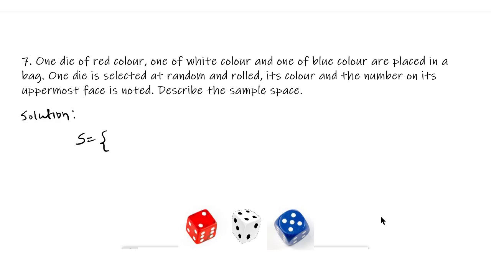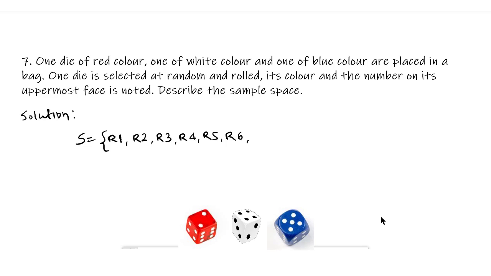When the red die is taken out at random, then on rolling any number may come. So we write like this: red die and the number on the upper face is 1, red die and the number on the upper face is 2, 3, 4, 5, and 6.